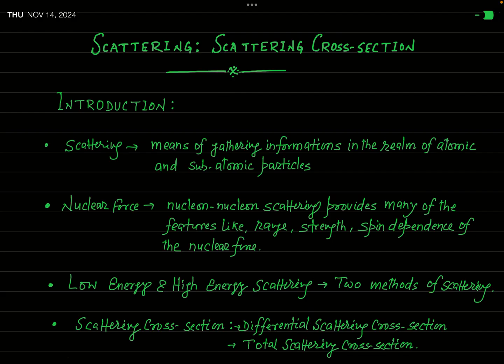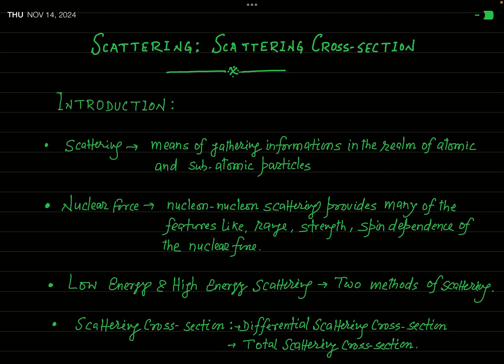Actually, what we will learn in this scattering problem, the most important parameter from which we gather the information, that important experimental quantity which gives you the idea of the scattering, the concept of the scattering, and the nature and features of the scattering, that is actually called a scattering cross section. In terms of a scattering cross section, we gather each and every aspect, each and every feature of the scattering.